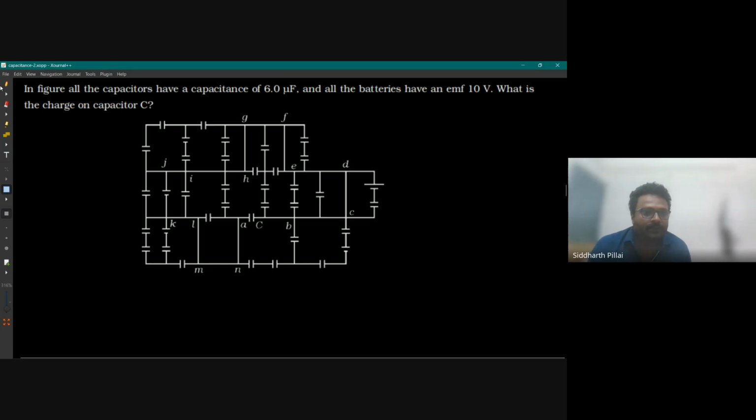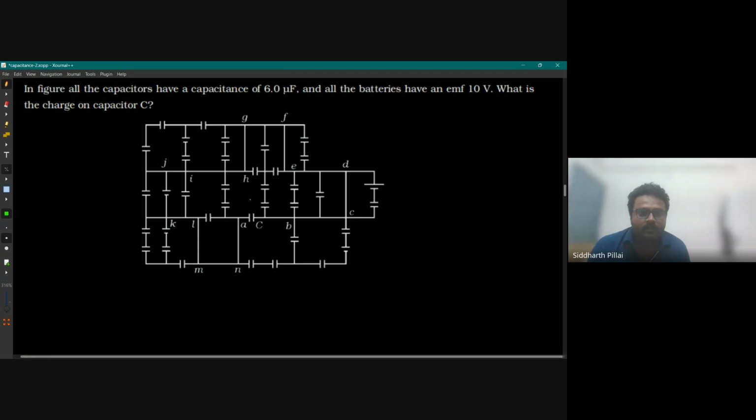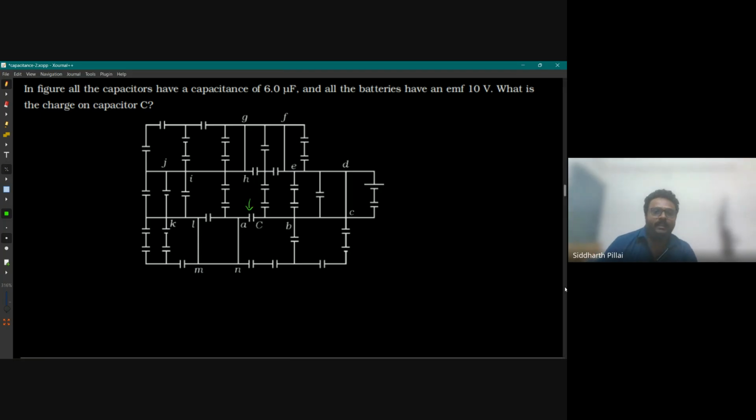So you need to find the charge on this capacitor, which is labeled as C here. Okay, this one here, in case that is not visible.